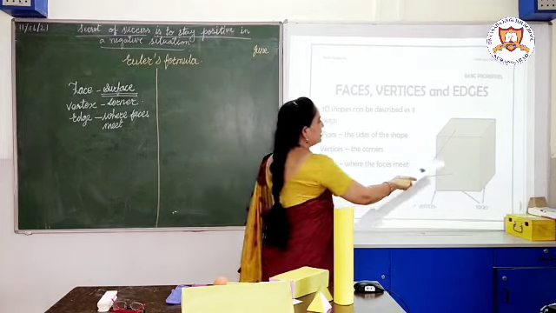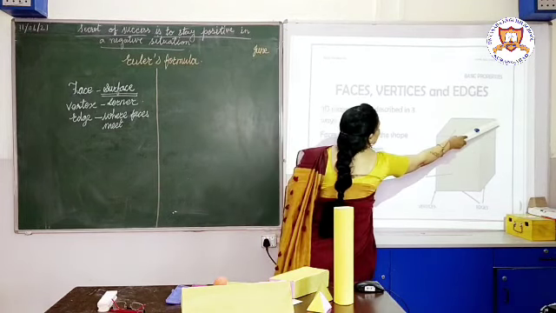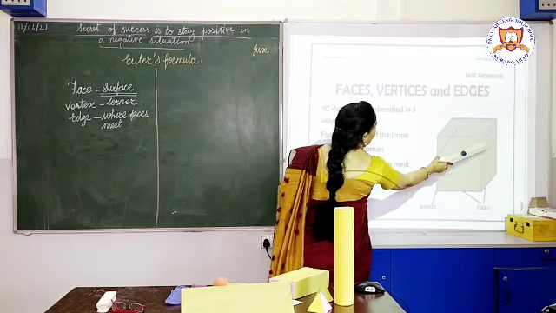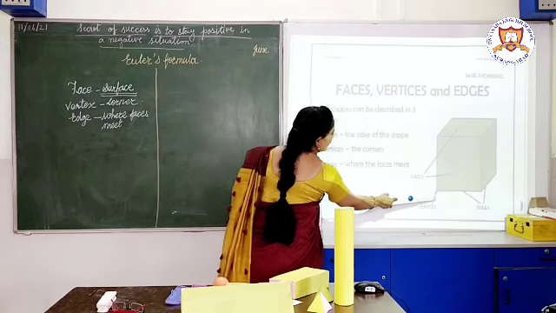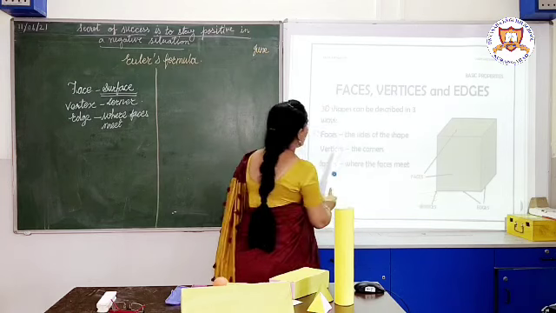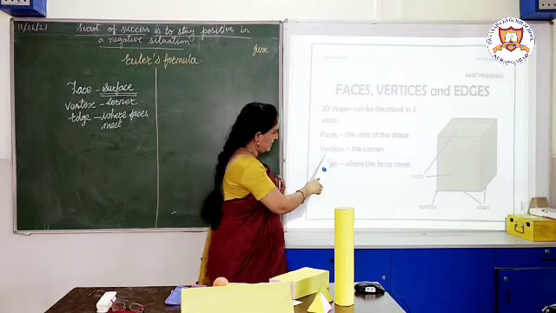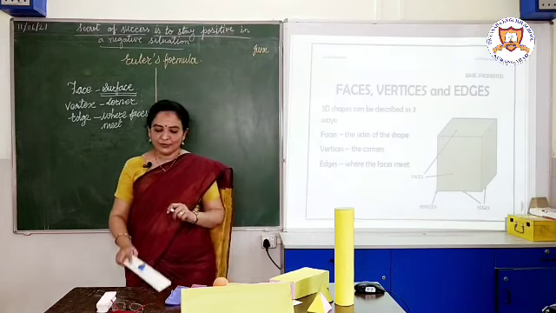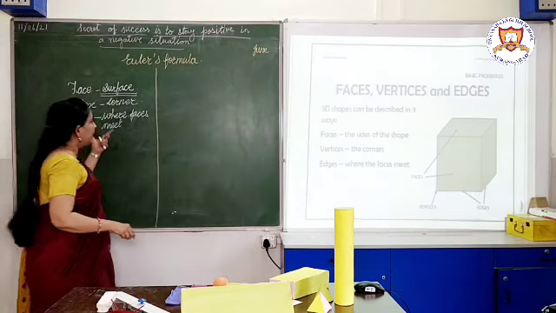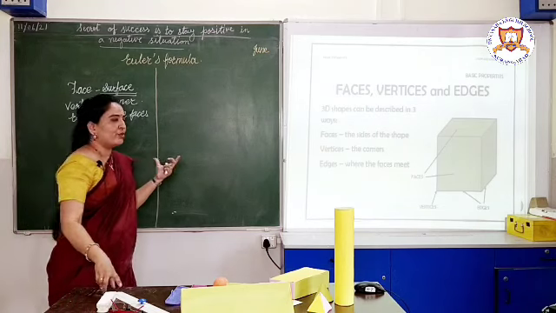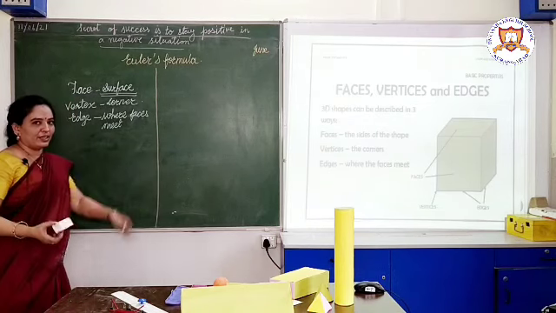And these edges, this one edge, this one edge and this one edge, are meeting each other at a point. That corner is called a vertex, or plural, vertices. Okay. So now these all three things we require for our formula. To derive our formula, we require this.